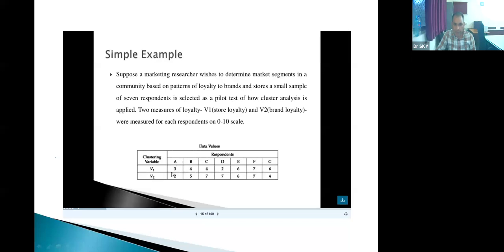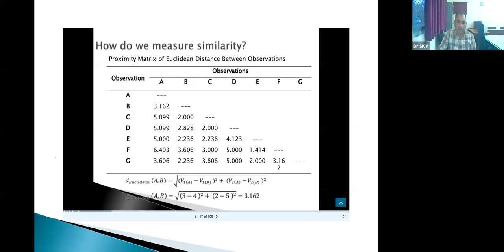For V2, A is 2 and B is 5, so we take the difference 2 minus 5 or 5 minus 2, whichever, take the square, and then get the square root. So it is the square root of (V1A minus V1B) squared plus (V2A minus V2B) squared. So 3 minus 4 squared and 2 minus 5 squared, and we have found this one, 3.16.